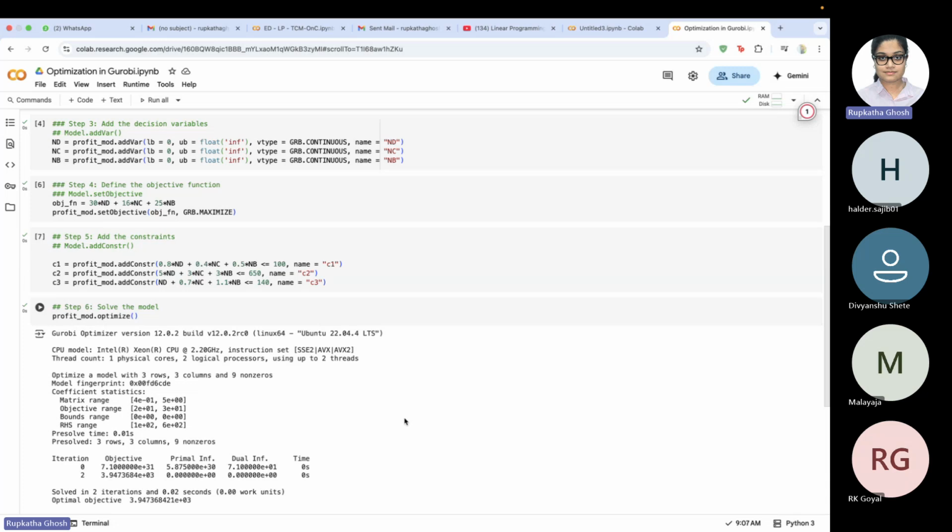Okay, perfect. But if you see here, a lot of things are written as part of the Gurobi optimizer version. What is your thread count? How have they optimized the model? What are the coefficient statistics? You don't need all this.